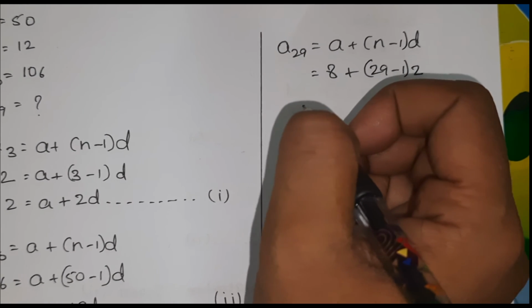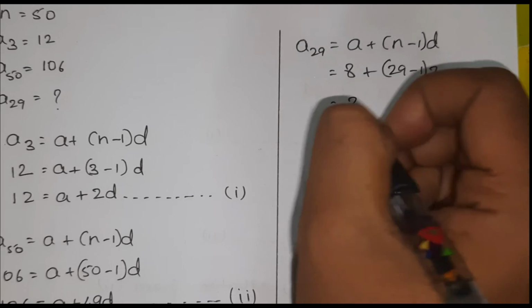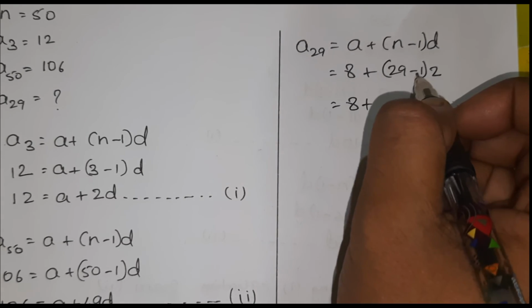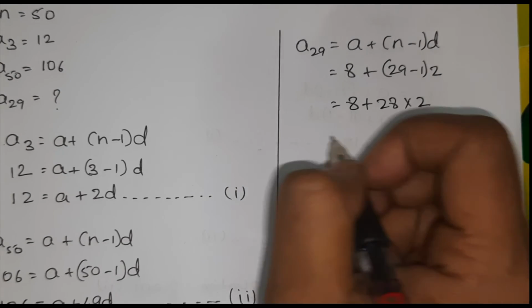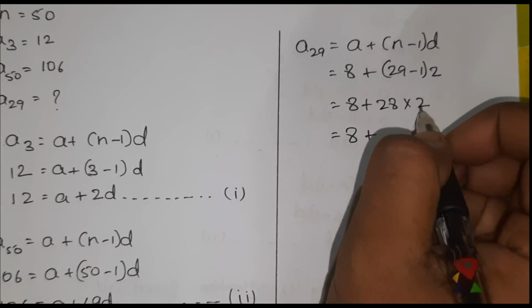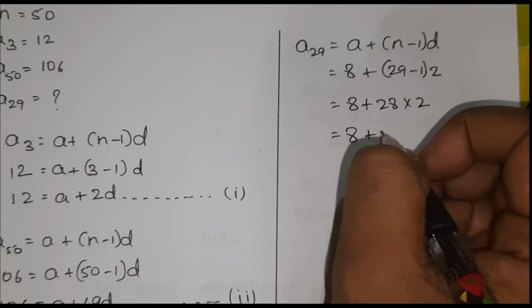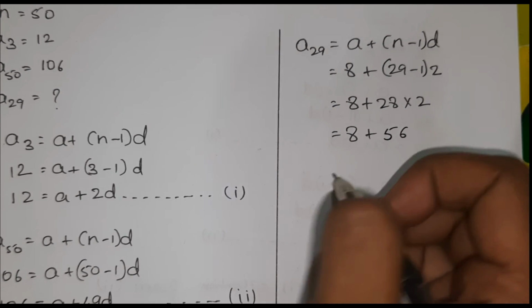Then 8 plus 29 minus 1, it is 28, into 2. 8 plus 28 into 2, it is 56.